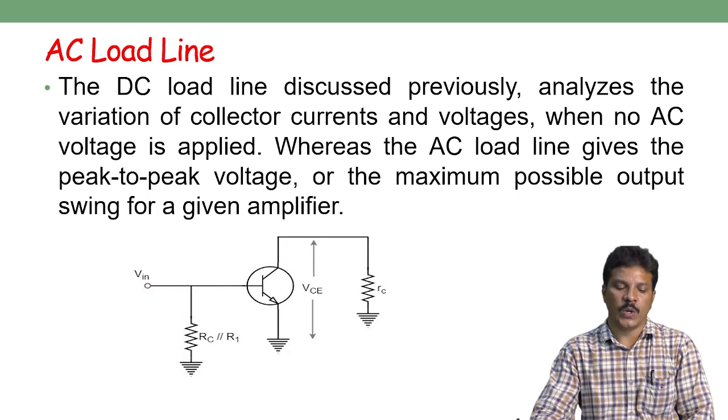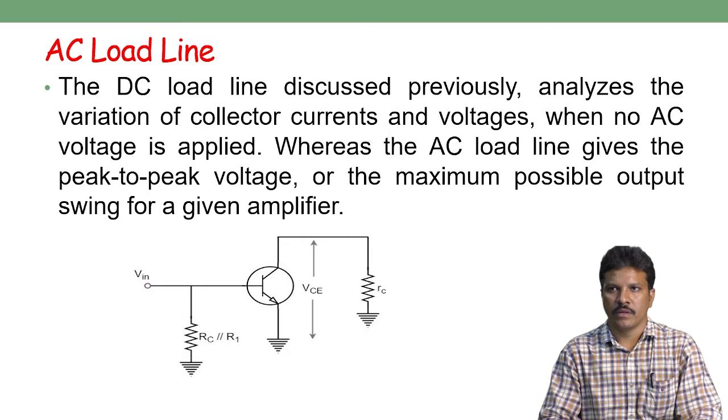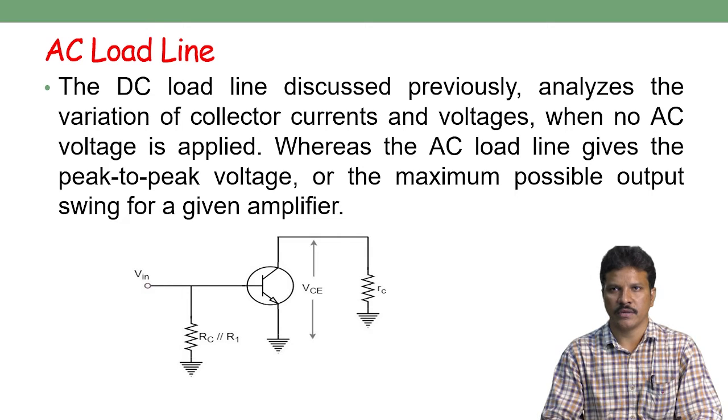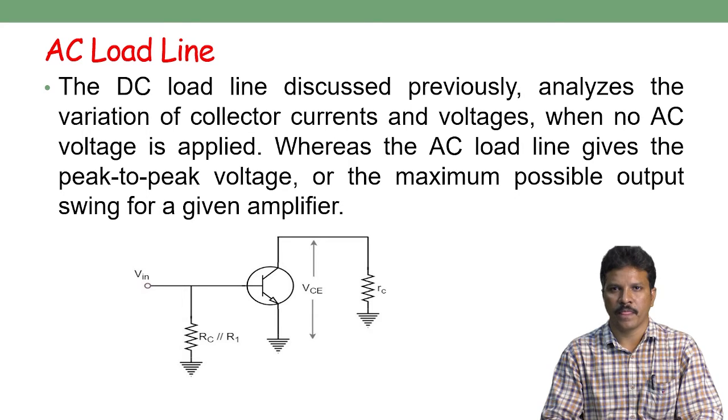Now the AC load line. In AC analysis, the collector current and voltage points on the output characteristics vary by providing a signal at the input side.